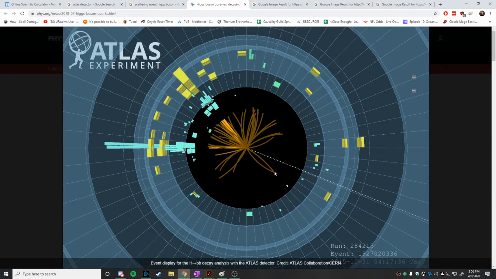Any ideas? What's making them turn? What's making them curve instead of move in a straight line? I probably didn't set this up well enough for you guys, did I? You're probably just confused at what you're looking at.